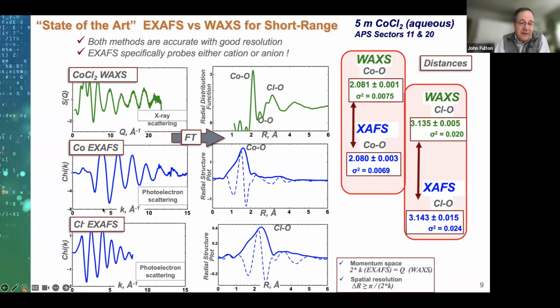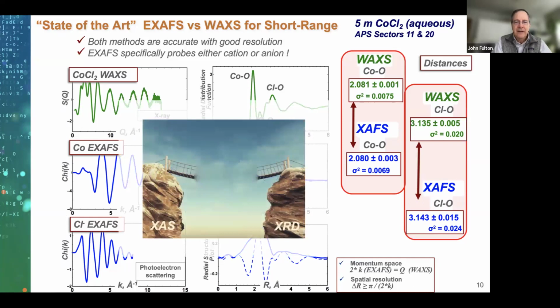The beauty of XAFS is that you can look at a particular absorption edge and probe just the pair distribution function of that particular ion in solution. So in this case, and I have a certain bias here, XAFS is the hands-down winner for this short-range structure.